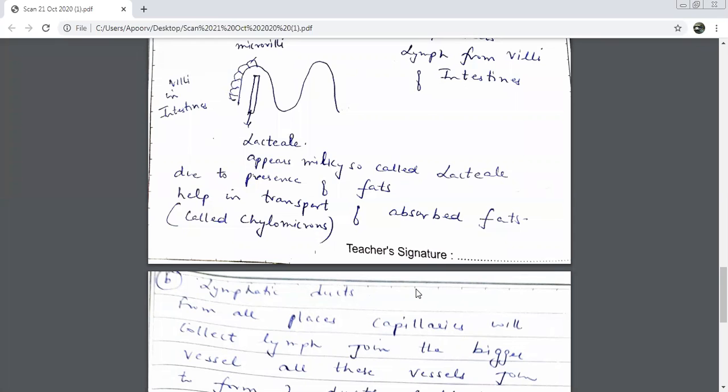It helps in the major part of the system we are studying. Please don't get confused: which one is the thoracic duct? The left duct.